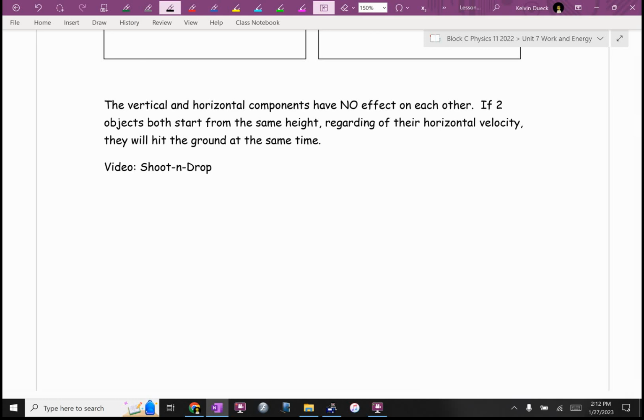What's the initial vertical velocity of this dart when I drop it? Keyword dropped. What did we say if it was dropped? VI was? When I launch this horizontally, what's the initial vertical velocity, the split second it leaves the barrel? I know it's traveling horizontally, but how fast is it traveling vertically?